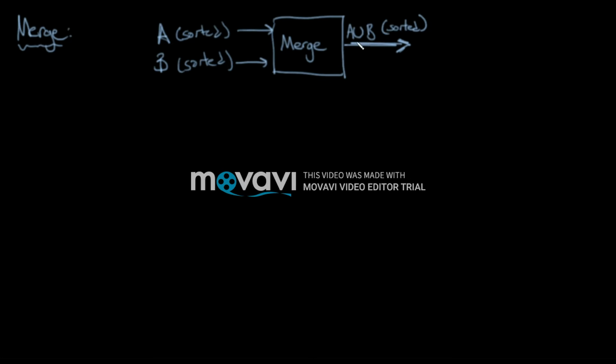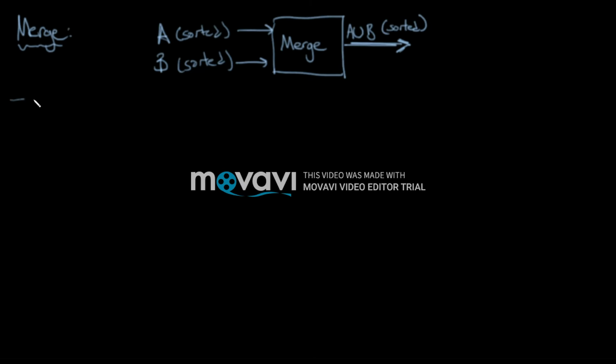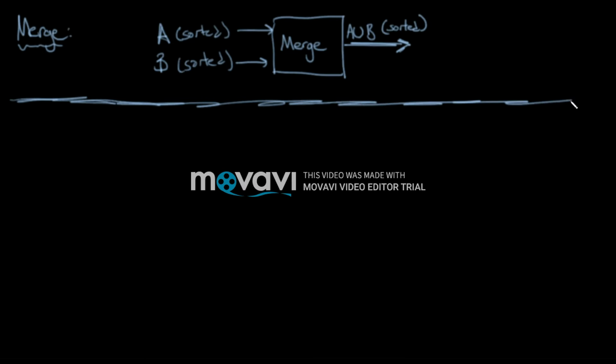What this union represents is that the two decks, or the two arrays, were put together. We combined the two decks of cards and got a sorted deck. So we're going to apply what we learned there to this new problem of sorting an array.